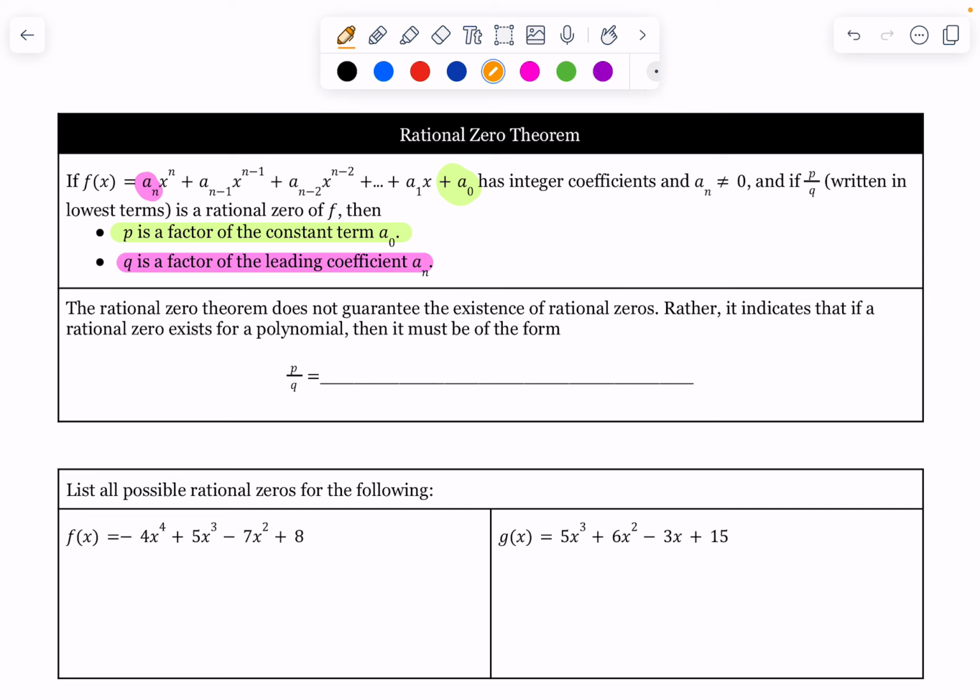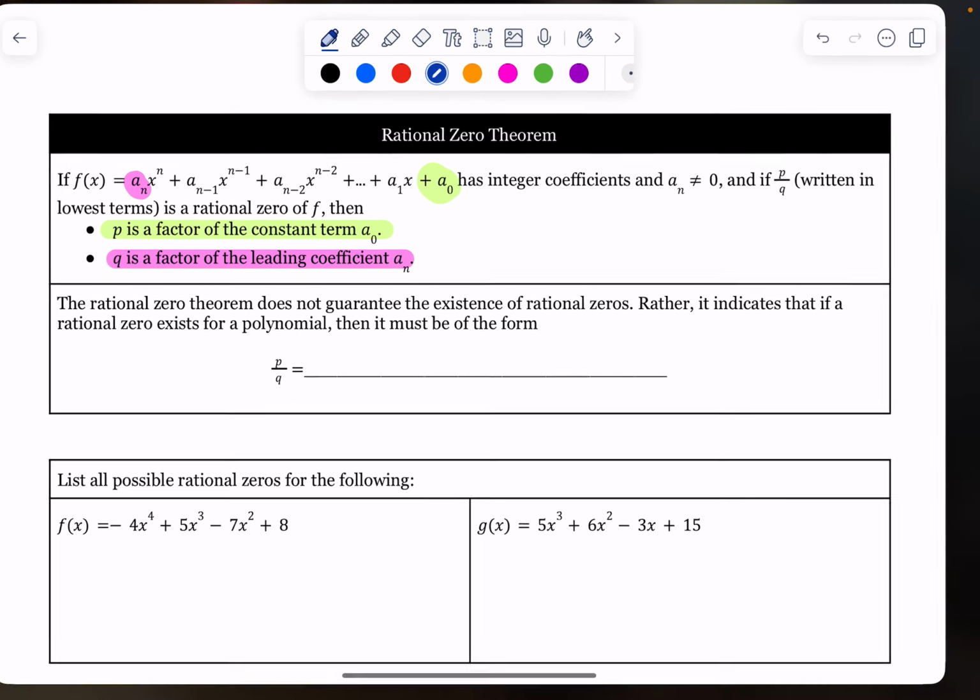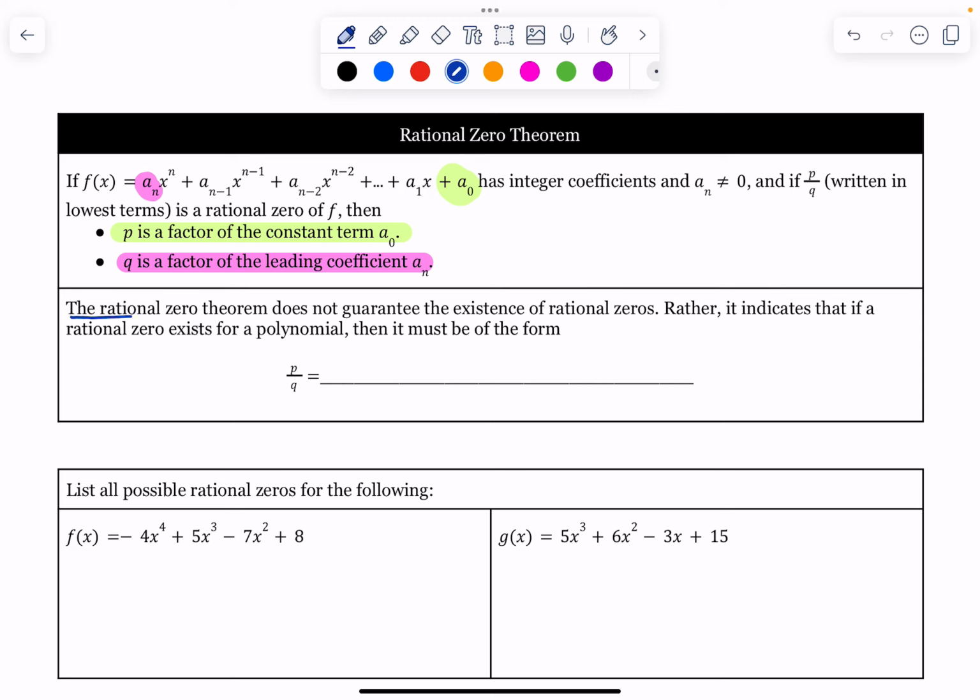All right, so furthermore, the rational zero theorem does not guarantee the existence of rational zeros. That's very important. What we're doing does not guarantee we're going to find a zero. Rather, it indicates that if a rational zero exists for a polynomial, then it must be of the form p over q. And again, p is all possible factors of a sub 0, or that last term.